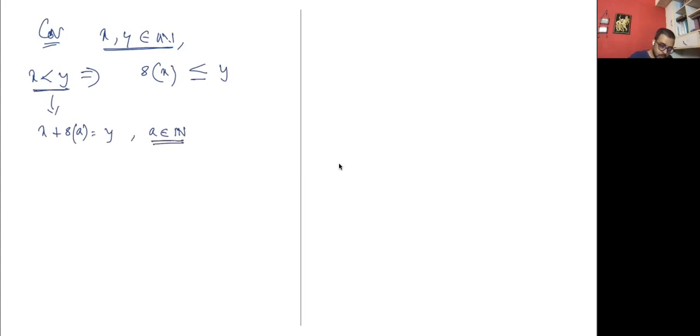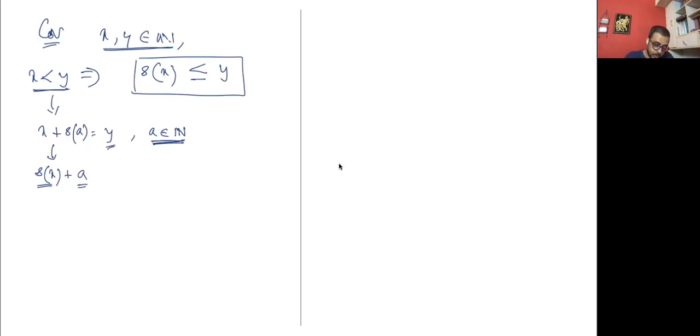Now, this is something we have observed, and it's straightforward that x plus S of a is the same as S of x plus a, because it's x plus a plus 1 on the left hand side. So y is equal to S of x plus a, where a comes from n, which will give you this inequality.